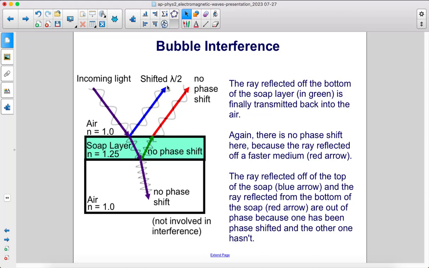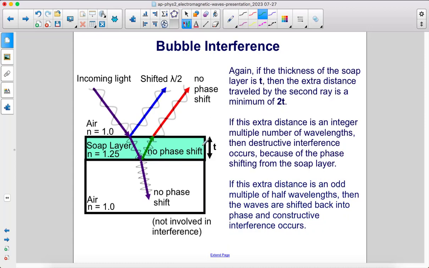The ray reflected off the top of the soap, here in blue, and the ray reflected from the bottom of the soap and transmitted out of the soap are now out of phase because this one was phase shifted and this one wasn't. Again, if the thickness of the soap layer is T, then the extra distance traveled by the second ray is a minimum of 2T. It would be exactly 2T if the light goes straight in and then bounces straight back, since that distance is T.